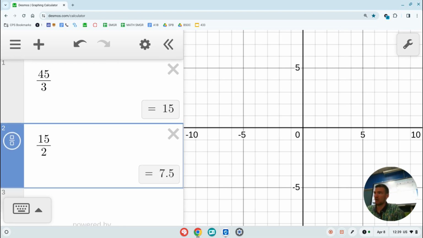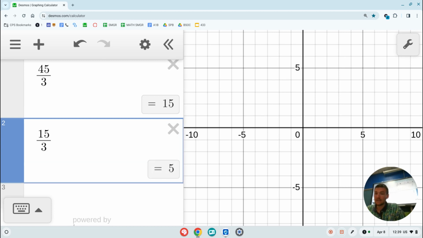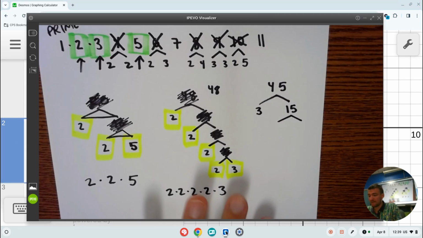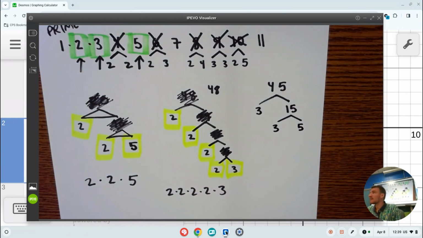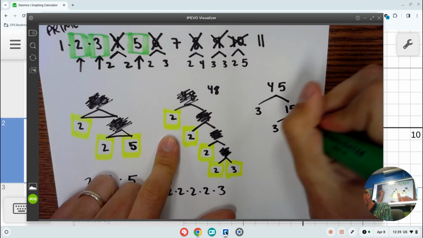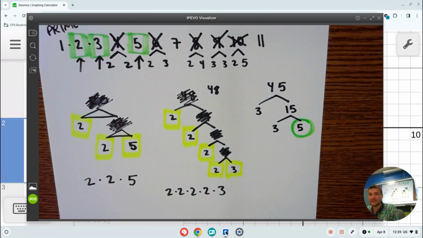Nope. Try 3. And you get 5. 3 and 5. And once you get to the point where you have a 2 or a 3 or a 5 right here, you're done, because you've now broken it all the way down into only prime numbers.